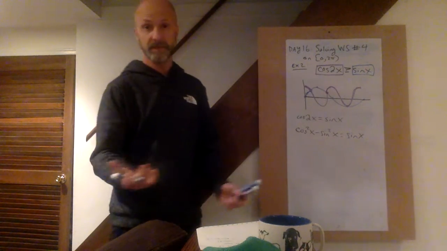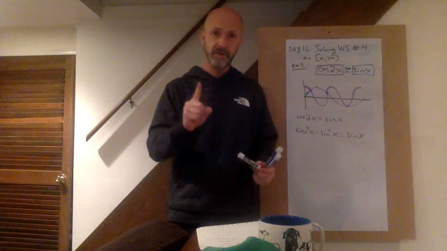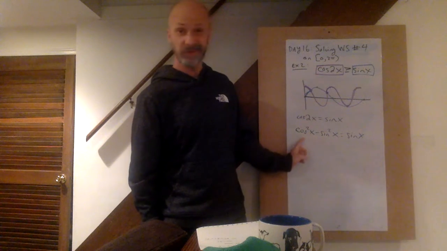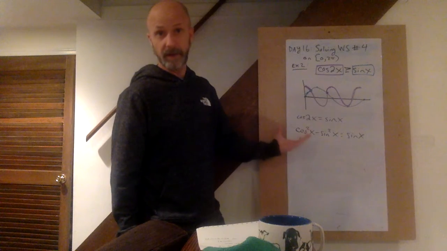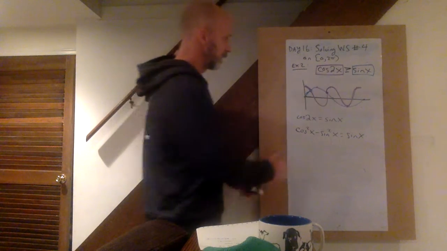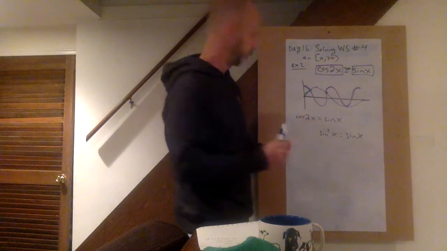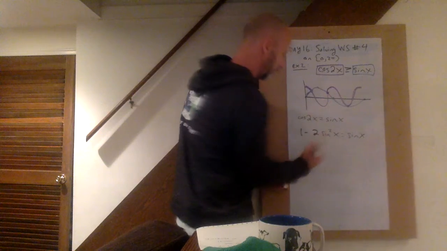Okay, and you think, is that a good choice? Well, a good choice would be one that gets you down to just a single trig function, maybe just sine, right? That didn't do it because I have a cosine squared here. No trouble, I could just then use my Pythagorean identity to substitute for cosine. But it is a bit more efficient to use the perfect version of cosine's double right away.